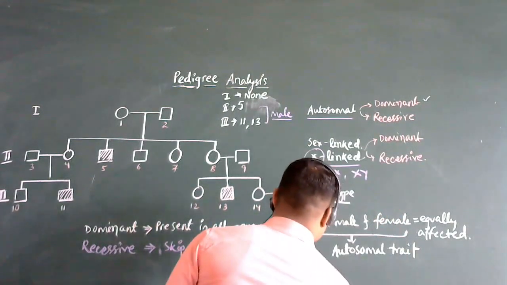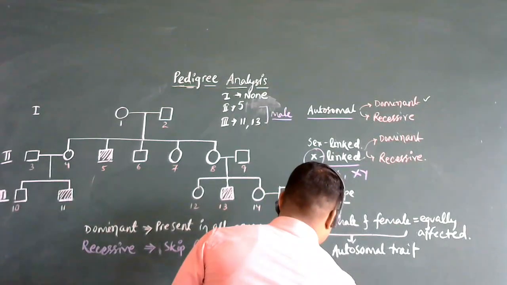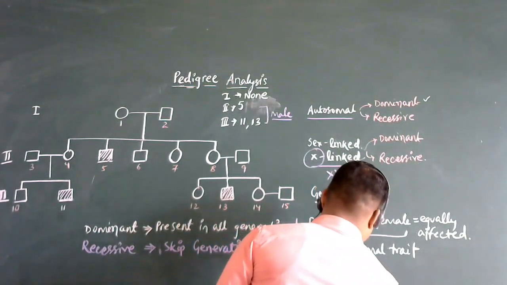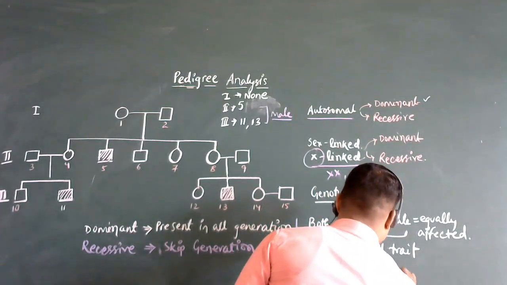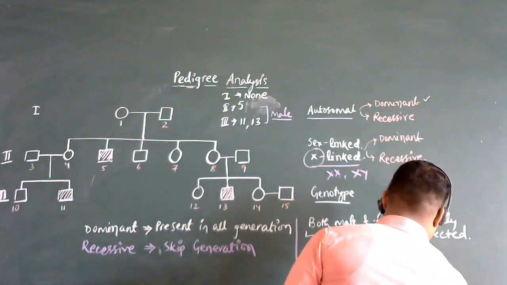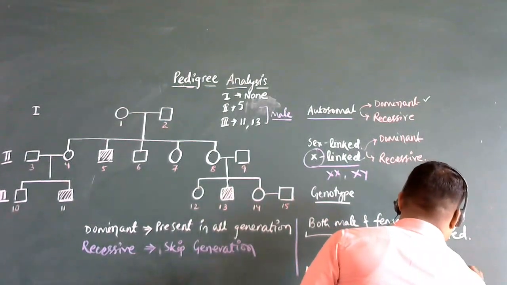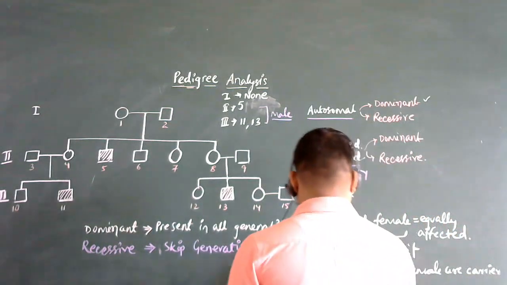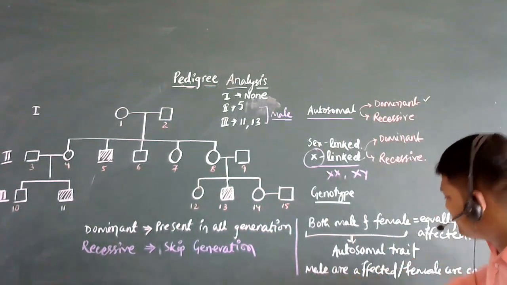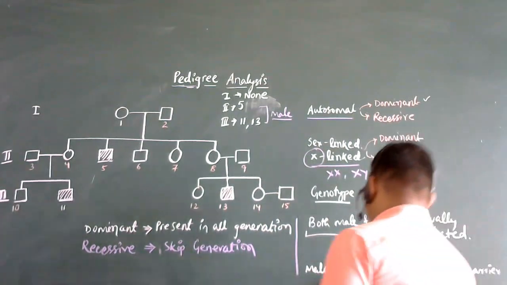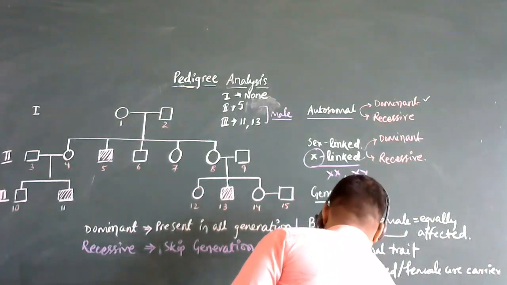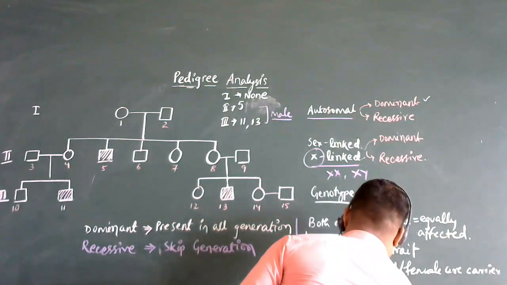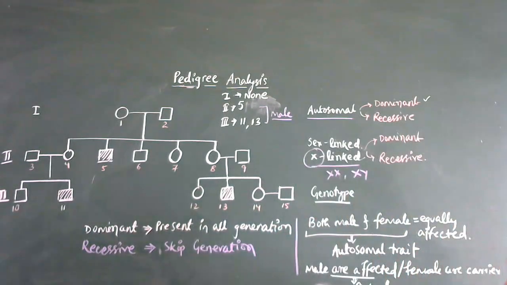And if, let's say, the males are affected and the females are carriers, they have the trait but they don't express themselves. So in other words, we're saying the male is more affected than the female. In that case, it is going to be basically an X-linked trait.